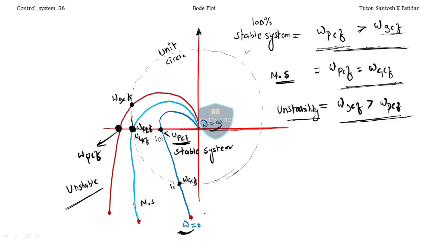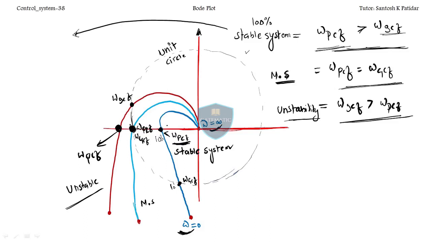Now let's talk about gain margin and phase margin. What will be the gain margin? What will be the phase margin? The relation I'm talking about is for stability. So let's come to the stable system. This is the plot for the stable system. The magnitude over here is less than 1, isn't it? Because at 1 we are getting 0.5 or 0.4 or 0.6, whatever.